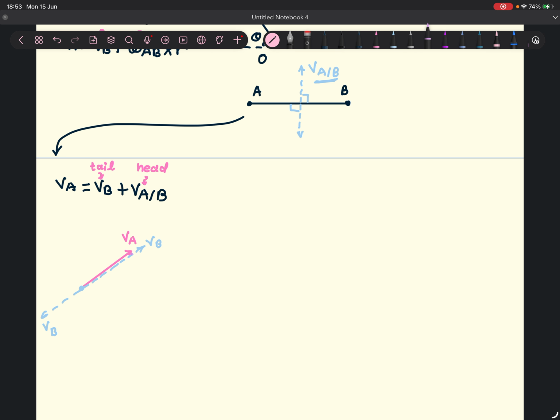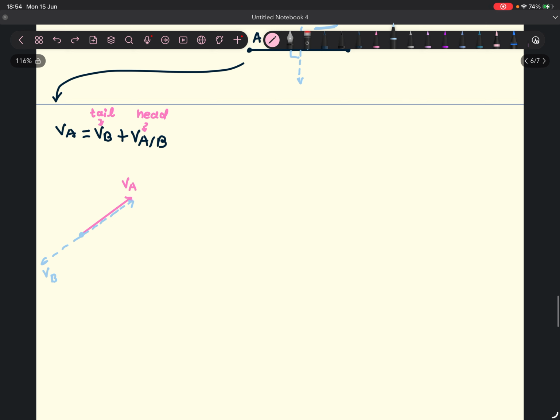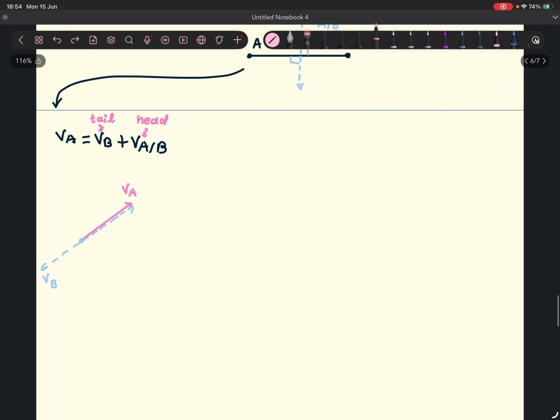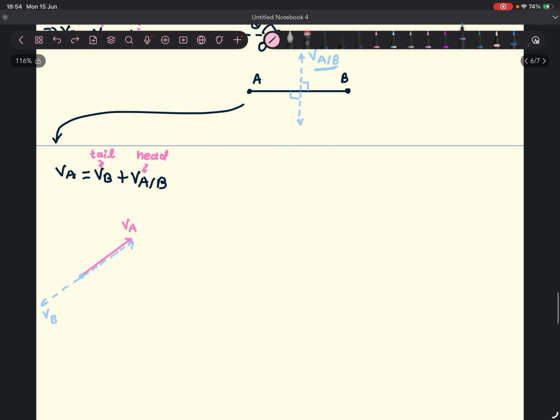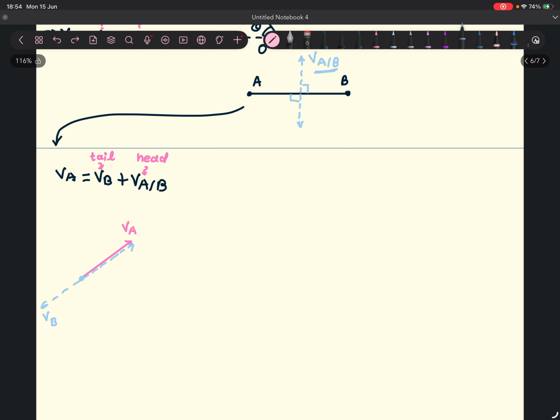So if I draw this properly, it's basically going to start and end here, right? Which is 0. It's not going to equal anything. The reason why is because VB, we've already followed the rule that we set out, where VA has to start at the tail of VB, right?